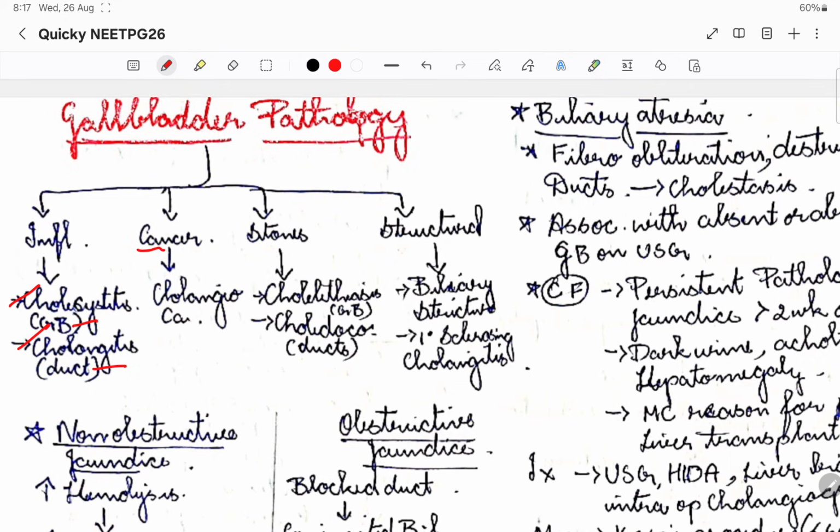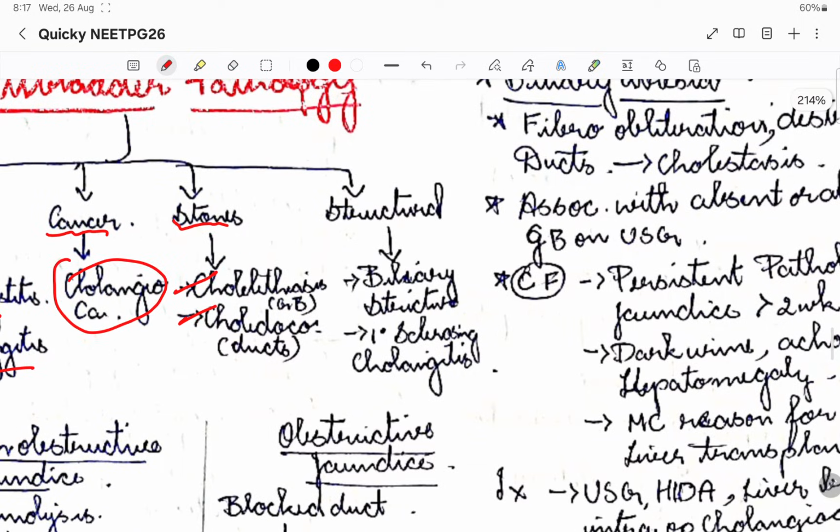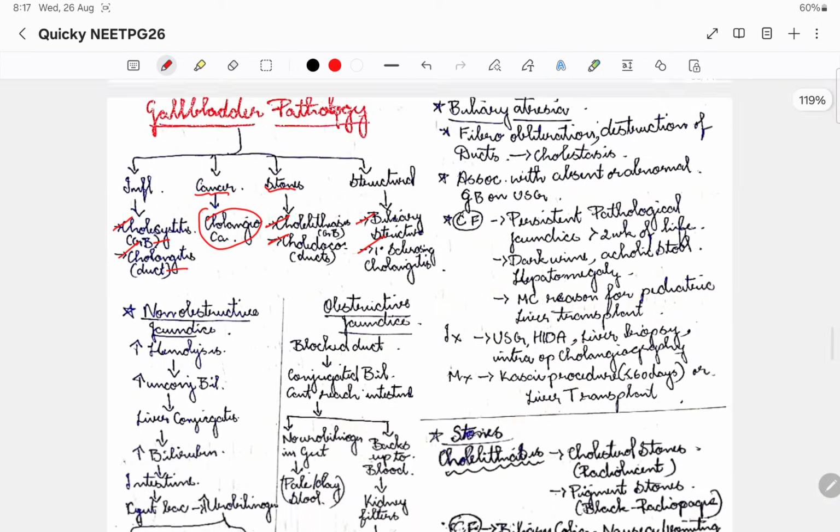Coming to cancer, it is going to be cholangiocarcinoma. Stones, if it is in the gallbladder, it is cholelithiasis. If it is the duct that is affected, then it is going to be choledocholithiasis. Then coming to structural abnormalities, it is going to be biliary stricture and primary sclerosing cholangitis. So let us see one by one.